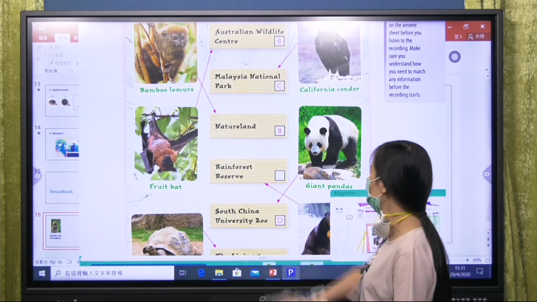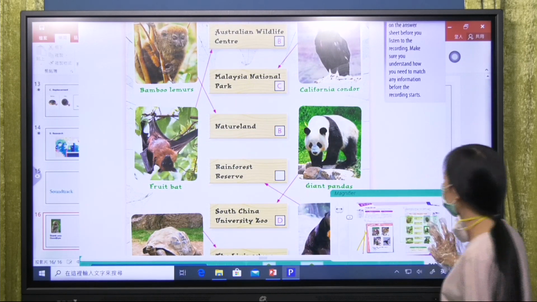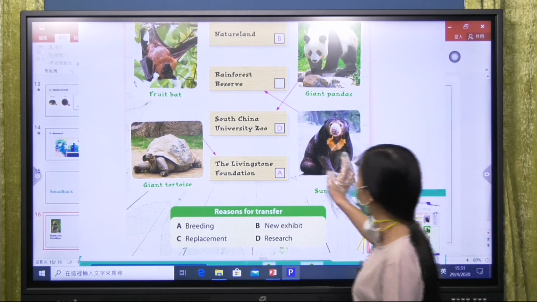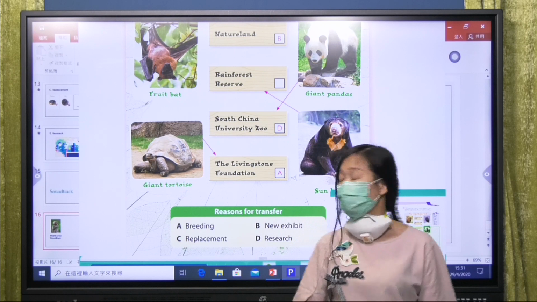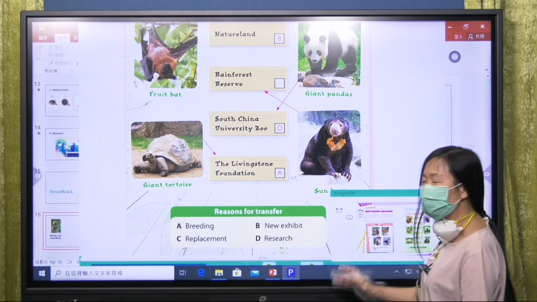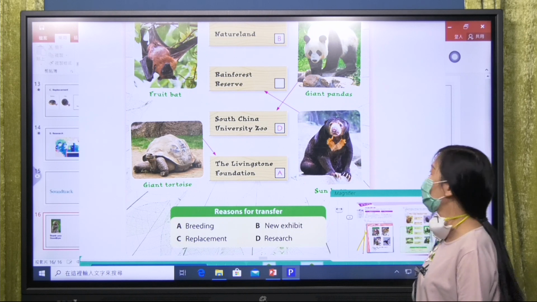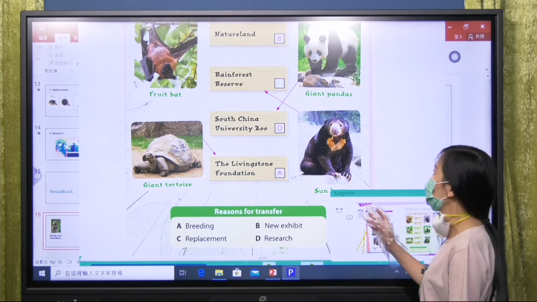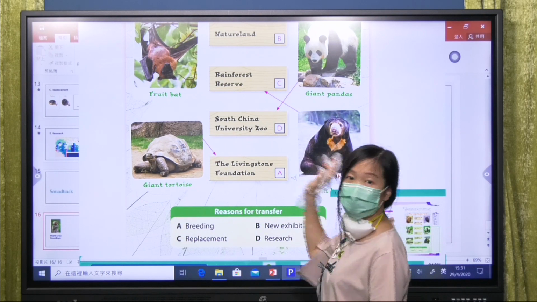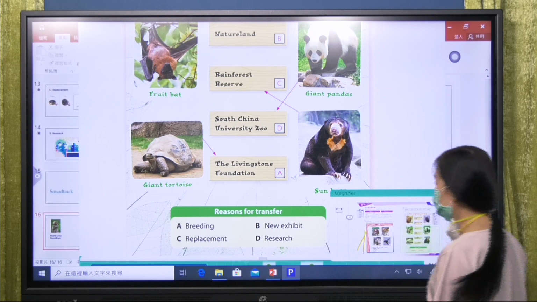Answer D. And the last one, the sun bear. The sun bear will go to Rainforest Reserve. Why? Because one male sun bear has died, and they also want a replacement of the sun bear. So this is it.